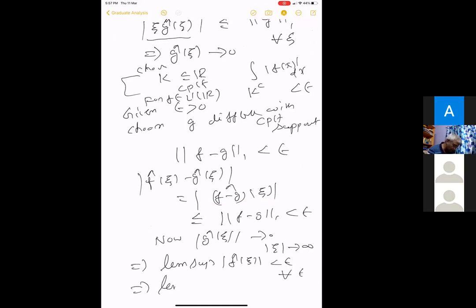This implies the limit is 0. Okay, this is fine, except that a differentiable function with compact support is dense in L1, everything is clear. Okay, it's fine.